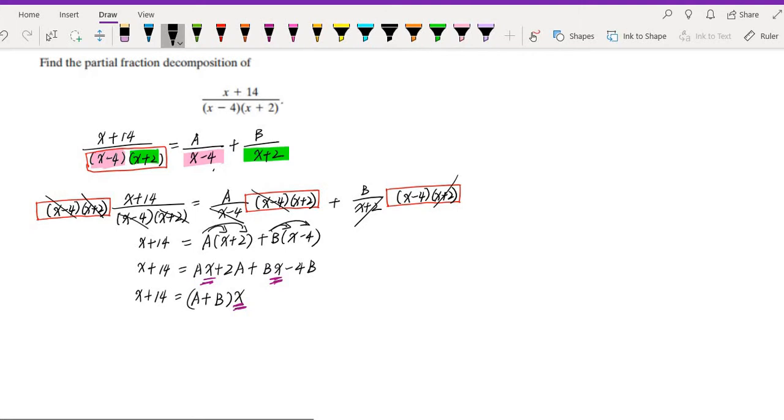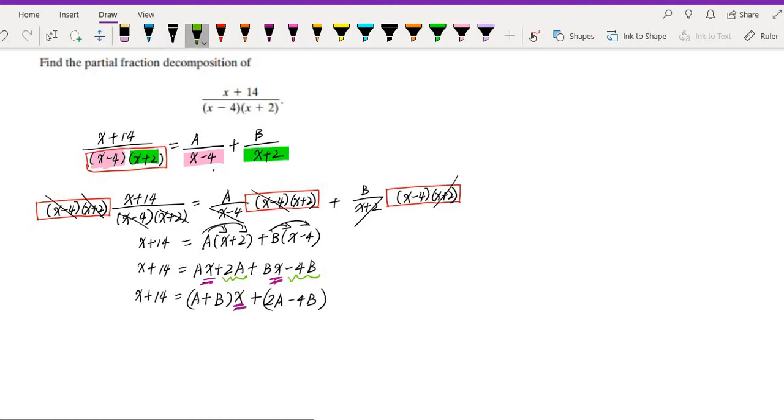And then we're also going to collect the constants together, because we know a and b are just constants. So we're going to put together 2a and negative 4b, that will be 2a minus 4b.